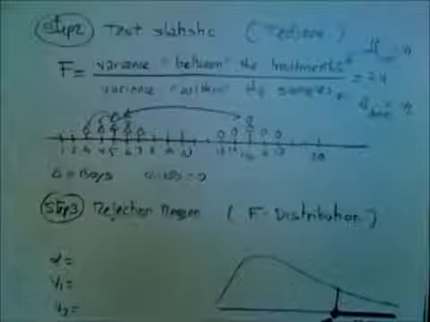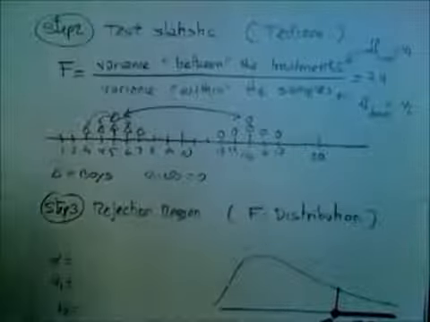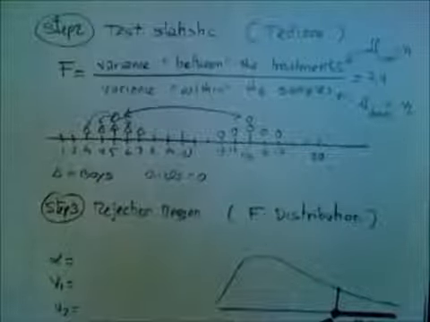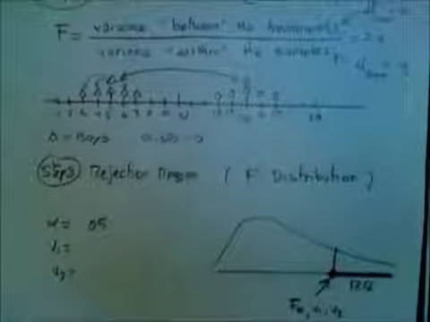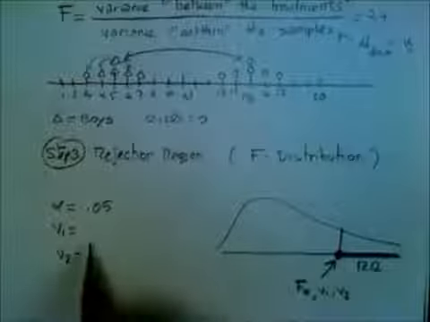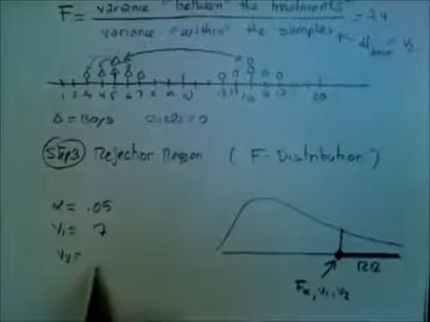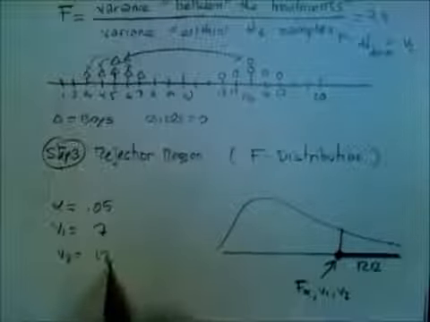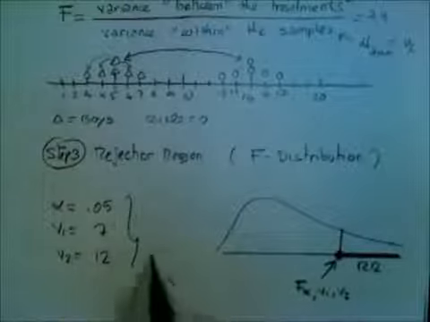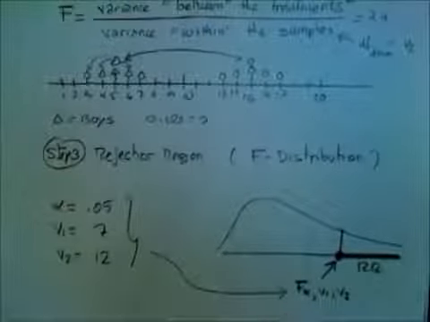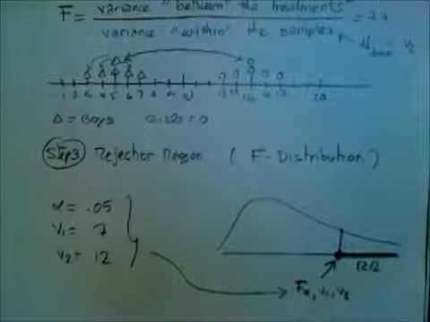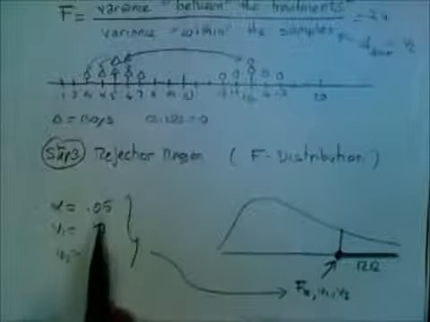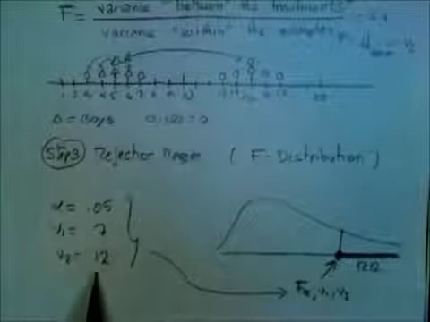So let's suppose that in our example we are using alpha equals 0.05, and just for the sake of argument, let's say that V1 was 7 and V2 was 12. So how are we going to find the critical value, which is the value that is going to determine what the rejection region is? If alpha is 0.05, V1 is 7, and V2 is 12, we go to the table.